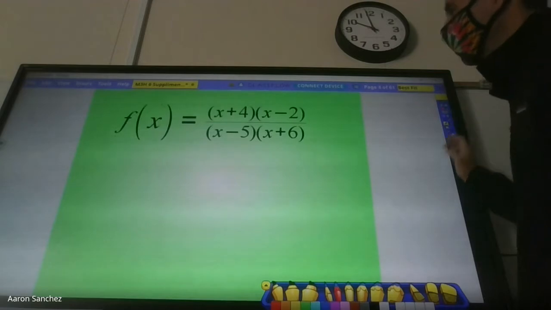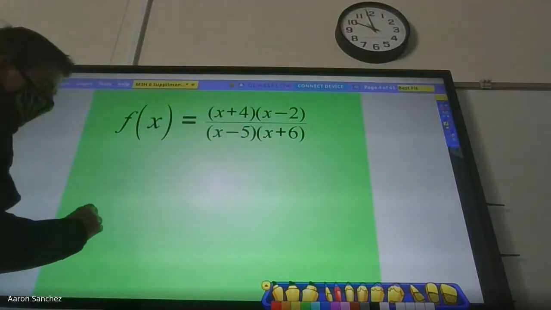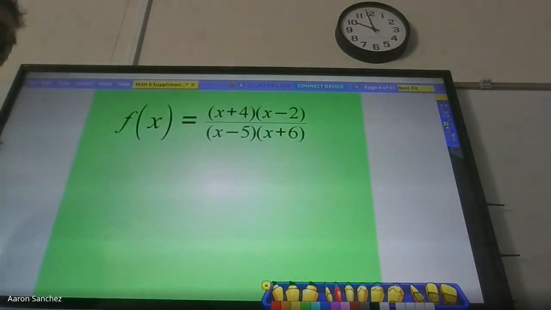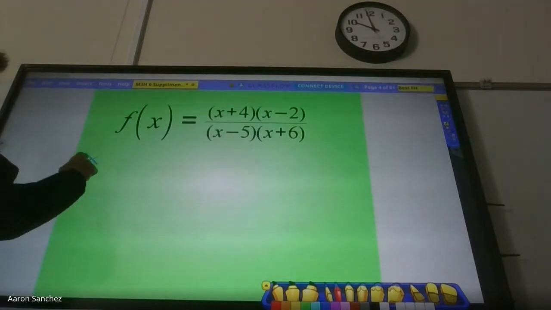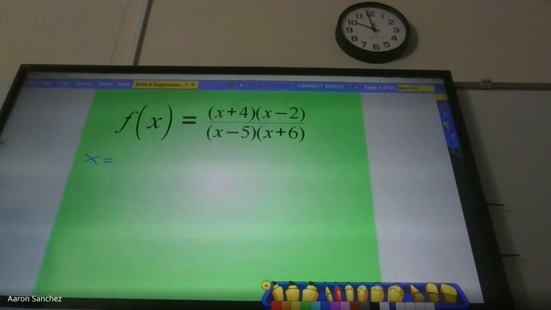So this is a rational expression. So let's find the zeros of the numerator. What are my zeros of my numerator? X equals. Hannah, what are my zeros of my numerator? You're not on your phone, are you? You put that away. What are zeros in my numerator?